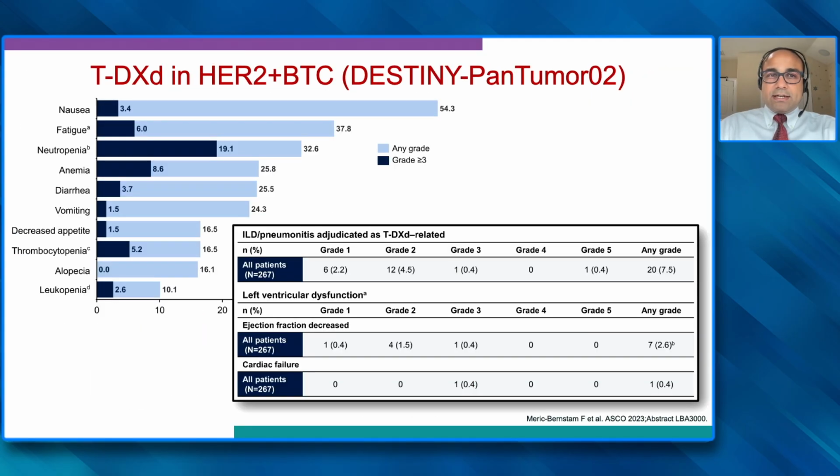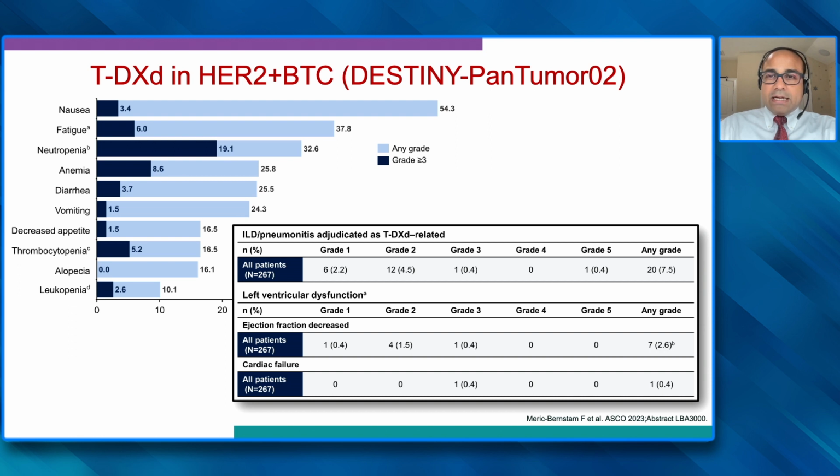So this is again the side effect profile of T-DXd in biliary tract tumors, very similar to the side effect profile that we saw in the CRC DESTINY-CRC01 study. Mostly the adverse events are related to bone marrow suppression, such as neutropenia, anemia, thrombocytopenia, with grade 3 events ranging anywhere between 5 and 20%.